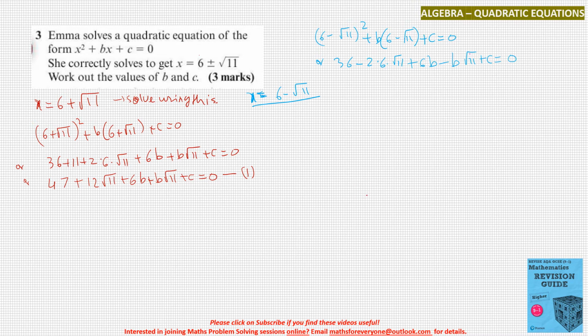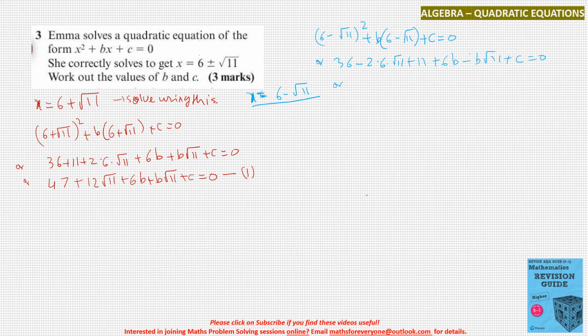Okay, so did I do it right? So 6 times 6 is 36 minus 2 times 6 times root 11. No, I have missed out something, wait a minute. So I have missed out 11, yeah, minus 11, okay, plus 6b minus b root 11 plus c equals 0.